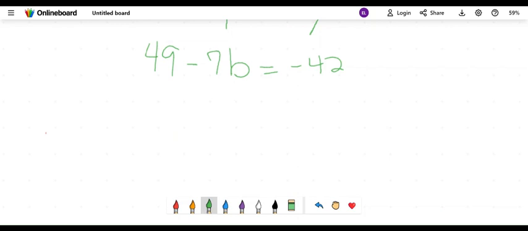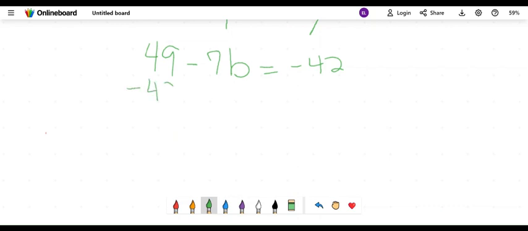As usual, we have to isolate the variable. Well, first we have to get rid of 49, since that's the only whole number that doesn't have a variable. Since it's a positive, we have to subtract both sides by 49.